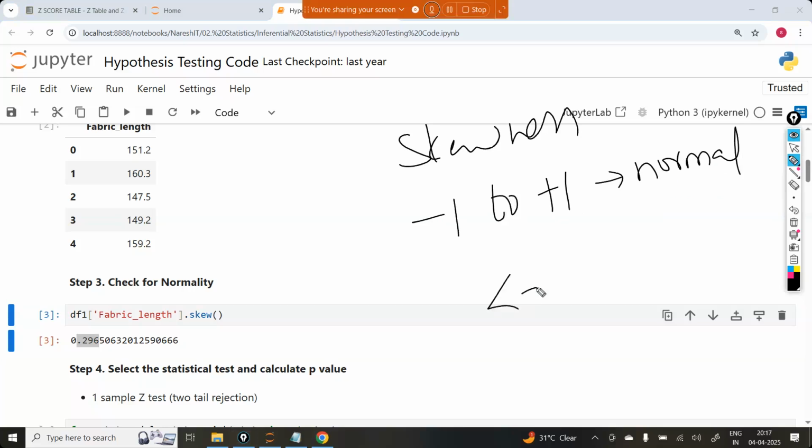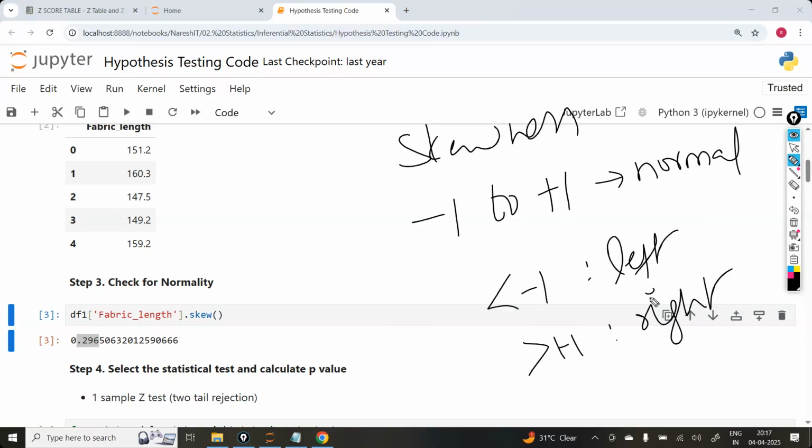If it is less than -1, we consider it left skewed. Greater than +1 will be considered right skewed. Between -1 and +1 is a normal distribution, including -1 and including +1. Exactly -1 is also normal, and exactly +1 is also normal.